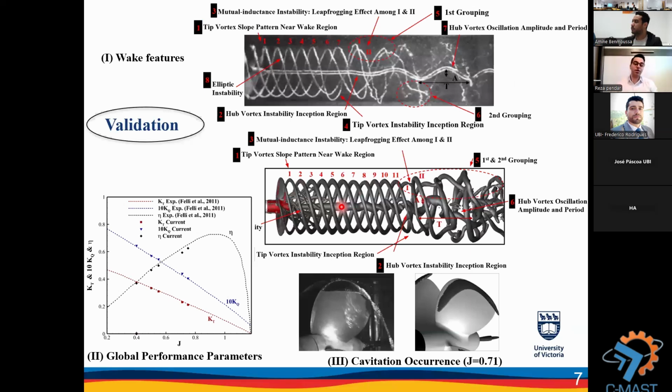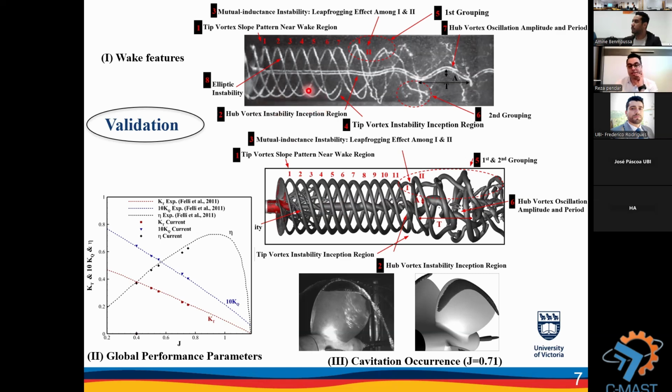Validation in numerical modeling is very important. For validation purposes, we consider three different methods. First, for quantitative and qualitative analysis of our case, we consider the wake features, and this is our numerical result compared with the experimental result.